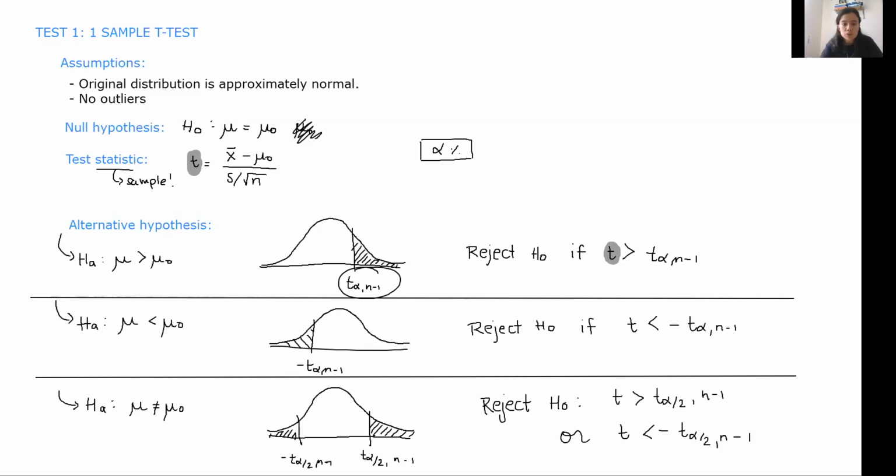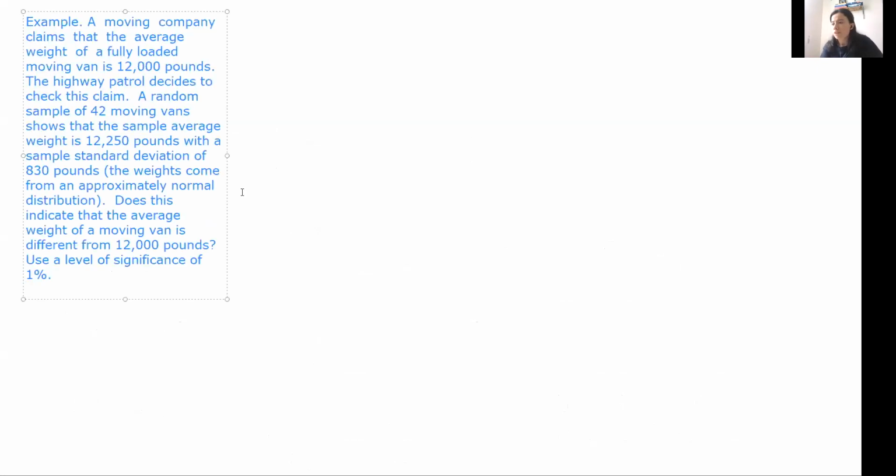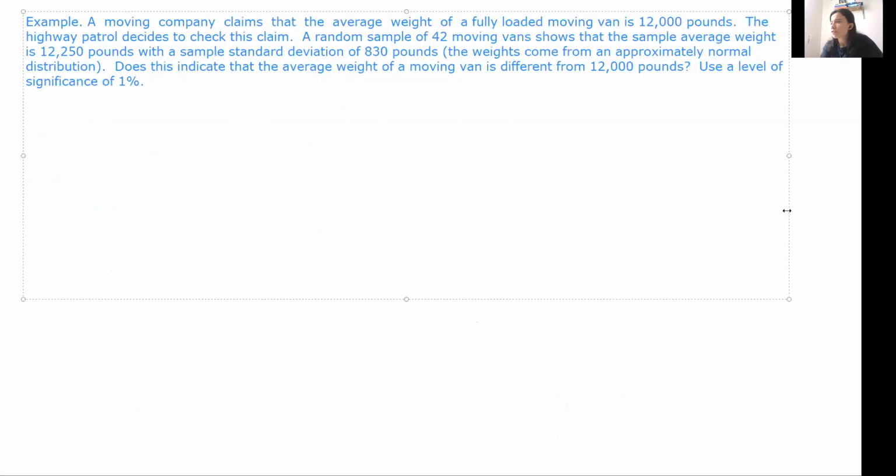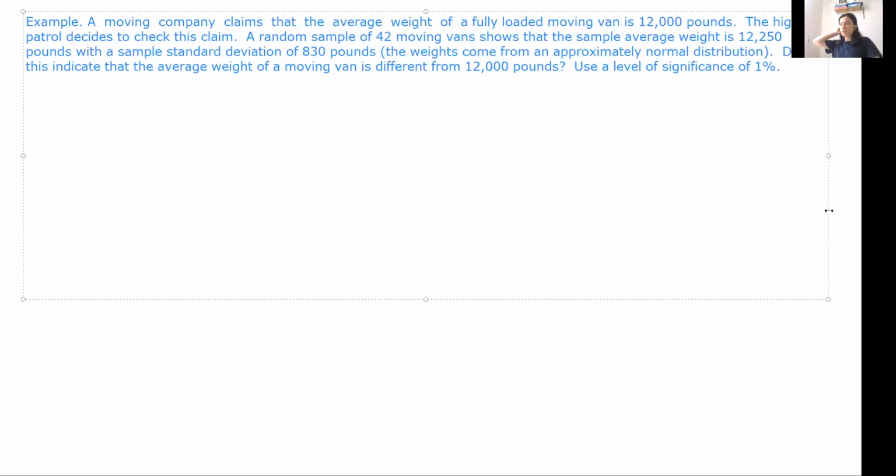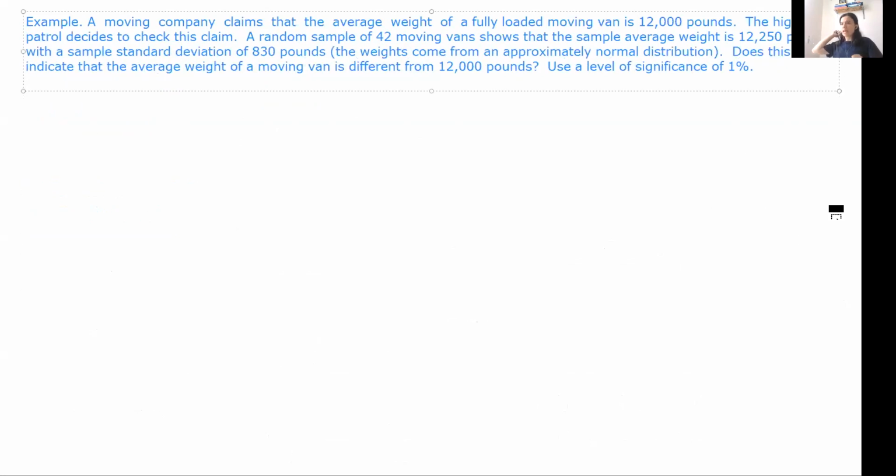So what I'm going to solve is the following example. We have that a moving company has claimed that the average weight of a fully loaded moving van is 12,000 pounds.